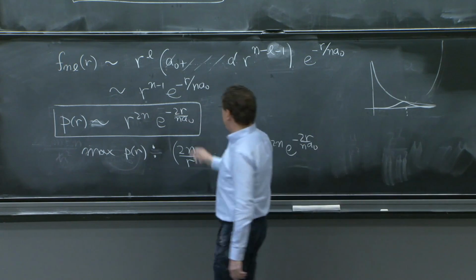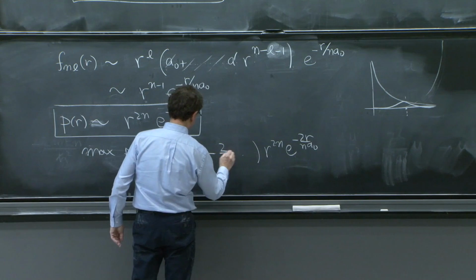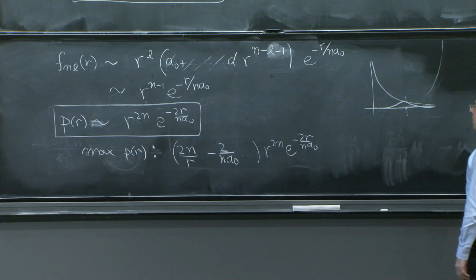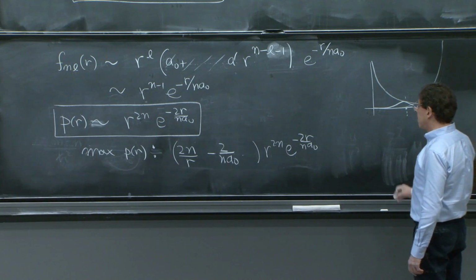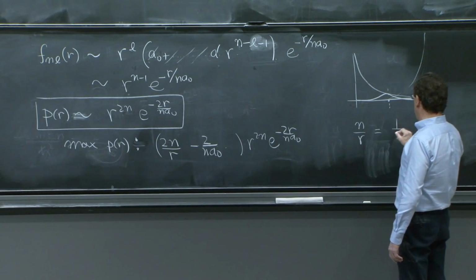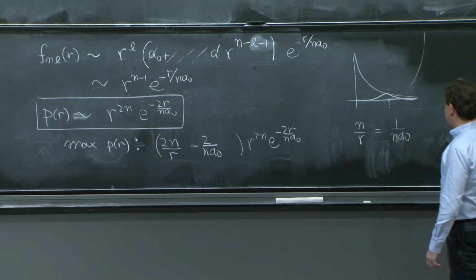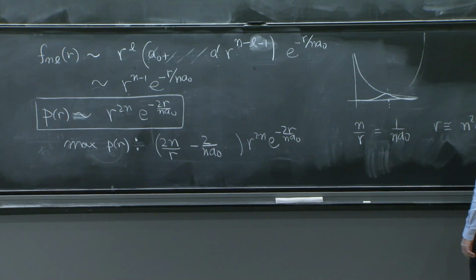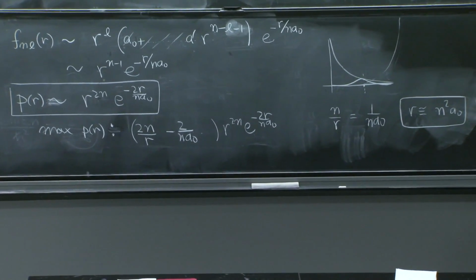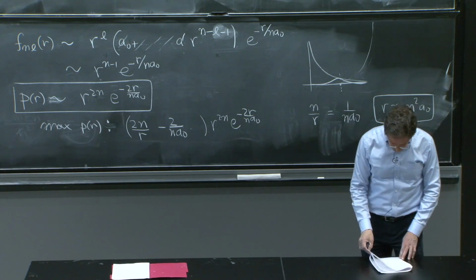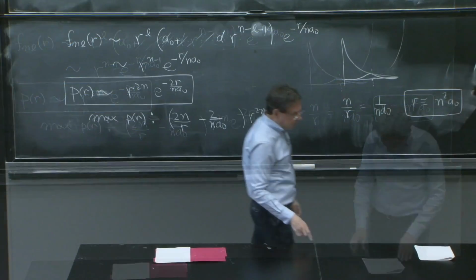The second derivative gives you minus 2 over n a naught. And that's it. So from this you get that n over r is equal to 1 over n a naught. So r equals n squared a naught, as we had predicted. So it's the interplay of the polynomial with the other thing that makes the radius go very high.